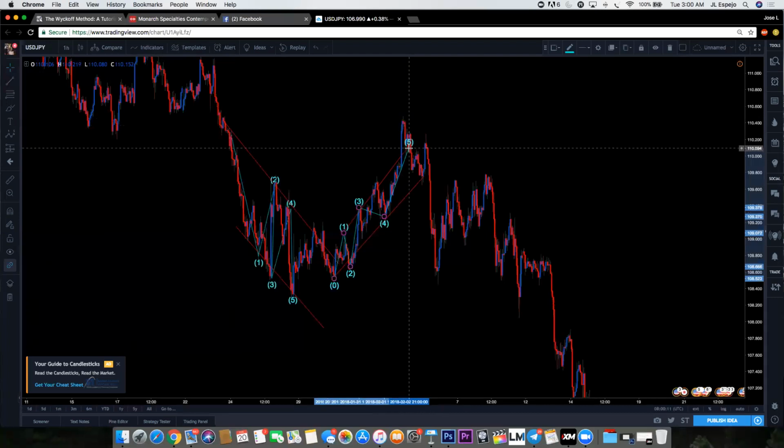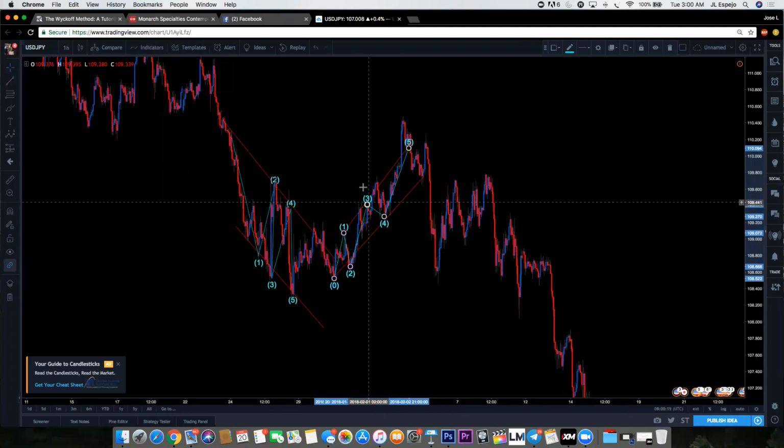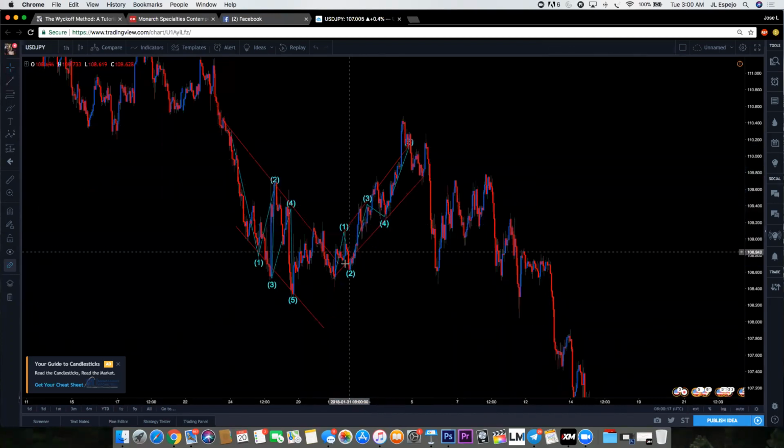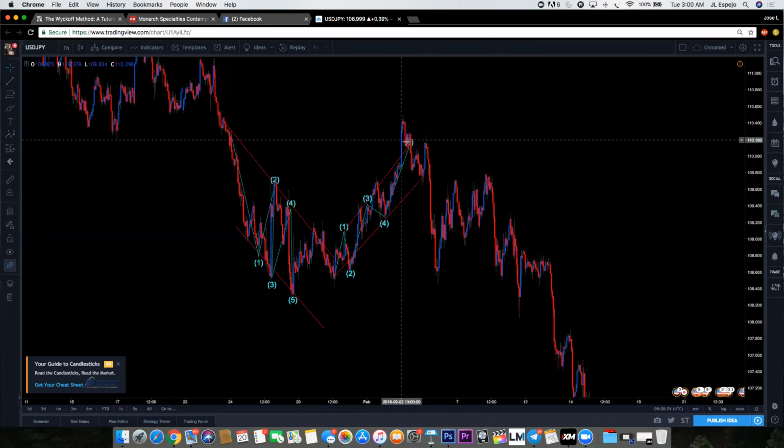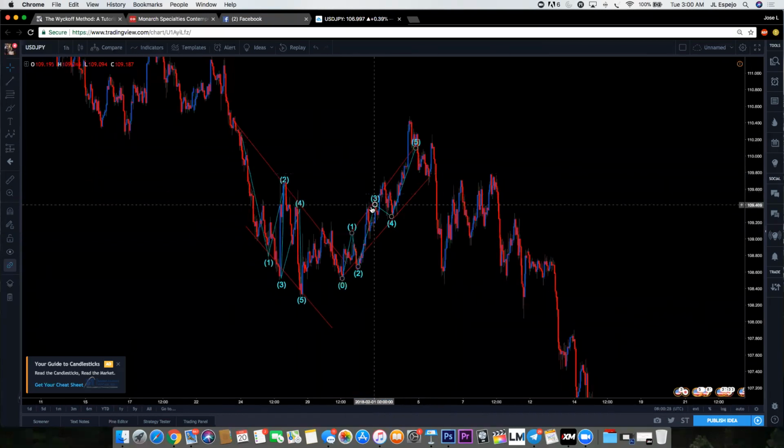Let's say this is 5 because it has to be on the trend line. We can see right away that the market is going there. And if we were looking to sell this trade, 3 and 5 were our best trade options.